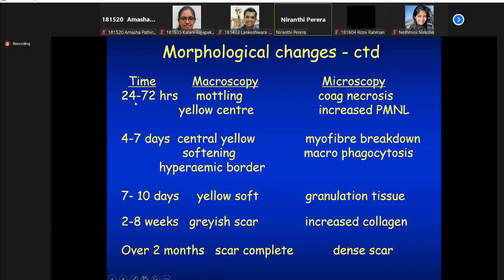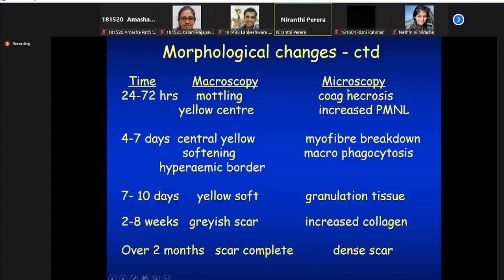After about 1 to 3 days, that mottling is now becoming yellowish, and you can see large areas of coagulative necrosis. At 4 to 7 days, you're seeing some central yellow area and softening, and myocytes are breaking down.